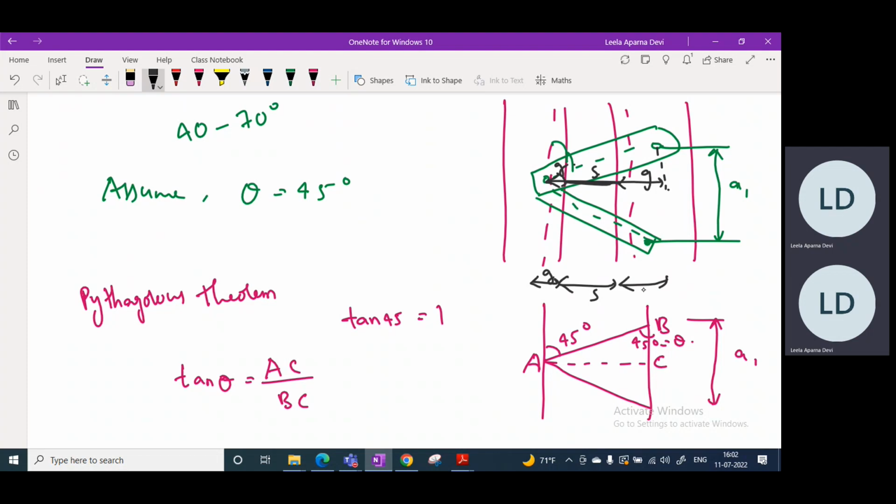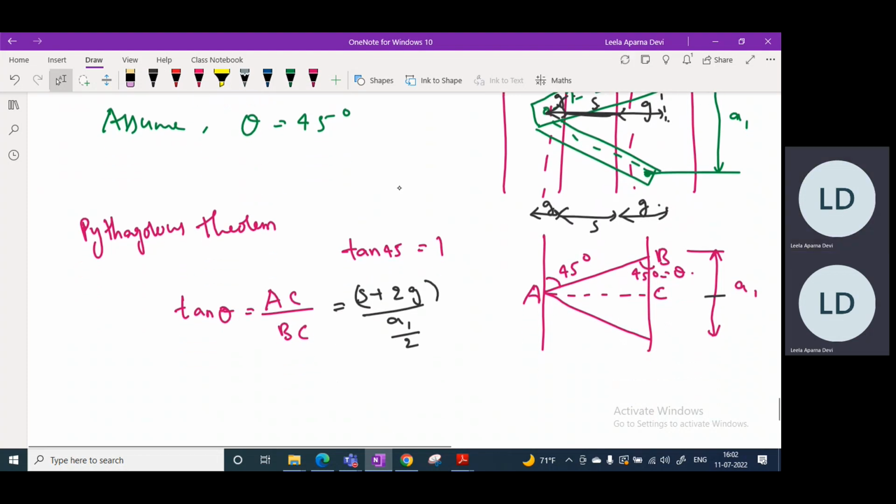Previously we have taken Cyy value to calculate the centroidal distance, right? So here we are going with the gauge distance G. So now AC will be S plus 2G. And BC will be half of this A1 distance. So it is A1 by 2, which equals 1, that is tan theta or tan 45, right? So by equating these two, A1 by 2 equals S plus 2G.